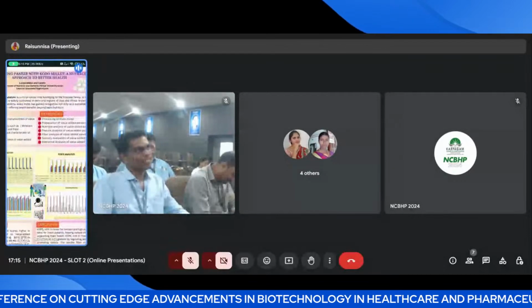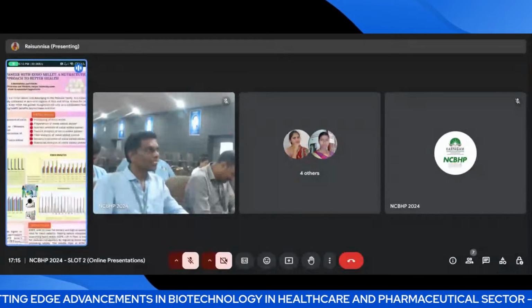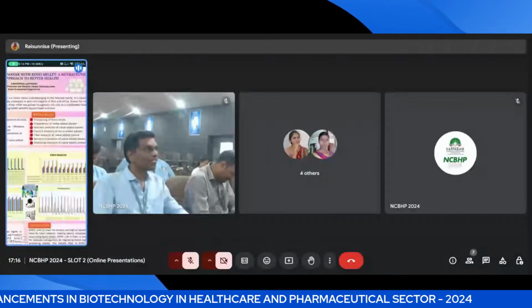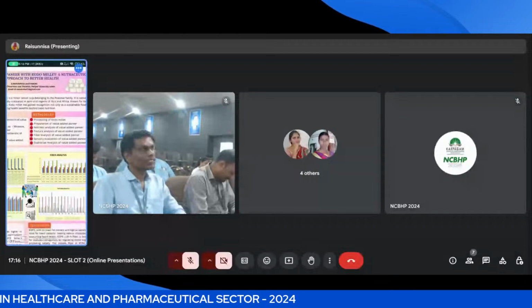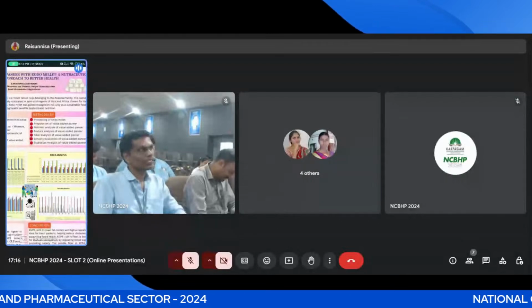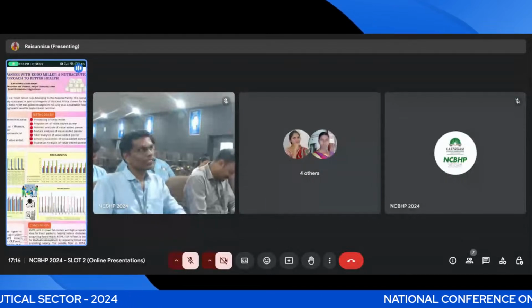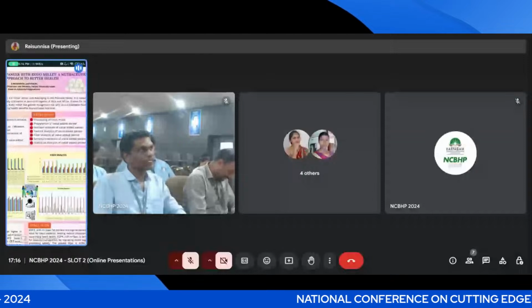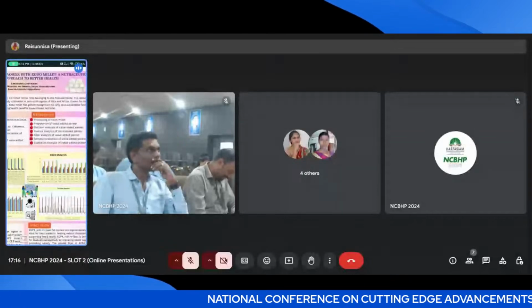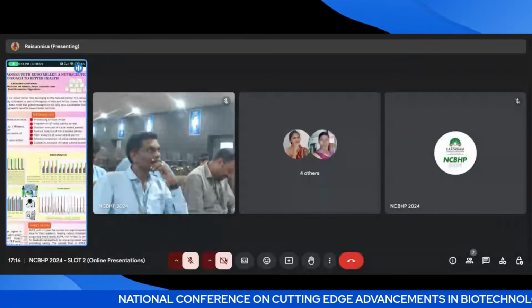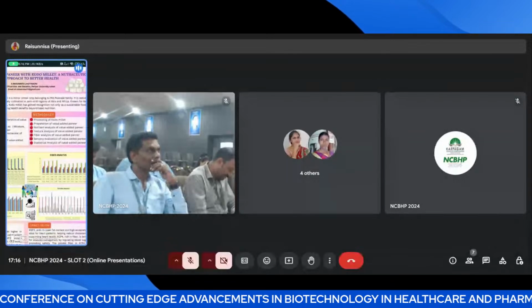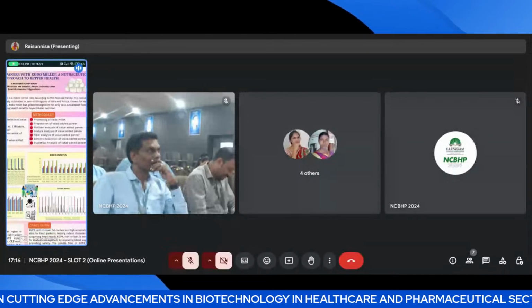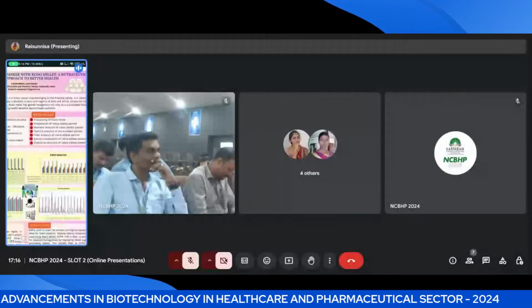In that, we measure peak force, hardness, springiness, stickiness, cohesiveness, stringiness, chewiness, and adhesiveness. For fiber analysis, we analyze the soluble, insoluble, and total fiber. In sensory evaluation, this fiber-rich paneer was subjected to evaluation using a 9-point hedonic scale for appearance, color, flavor, body texture, and overall acceptability.